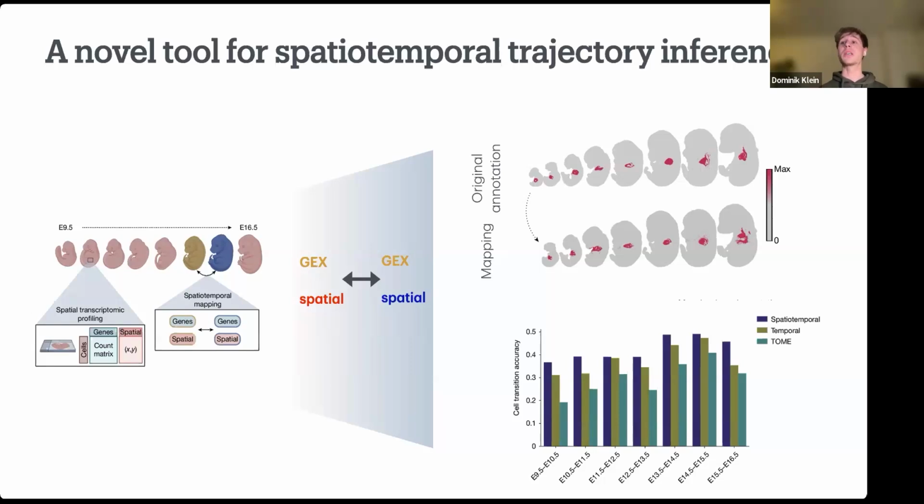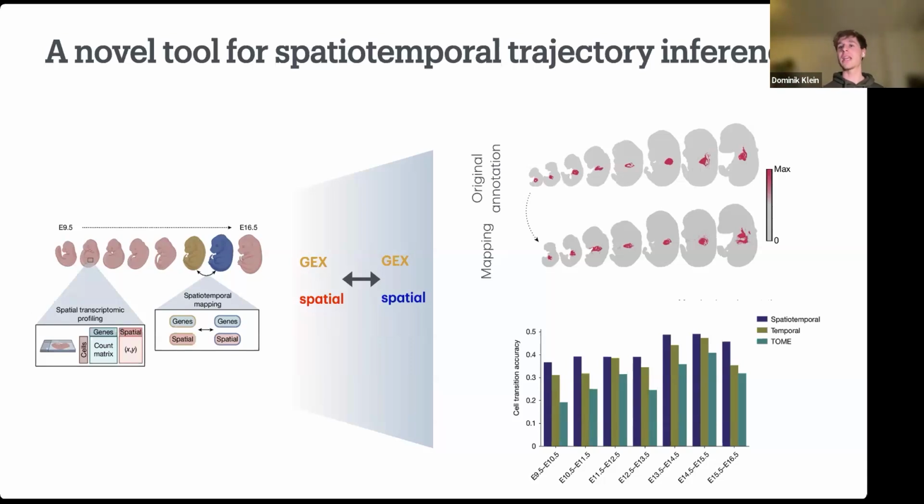Now, quantitatively, we can also see that the spatial temporal problem of moscot, so spatial temporal just refers to the spatial temporal trajectory inference method implemented in moscot, and temporal, just the classic one without incorporating the spatial component. We see that the spatial temporal trajectory inference method clearly outperforms the purely temporal trajectory inference method, which doesn't add the spatial constraint.